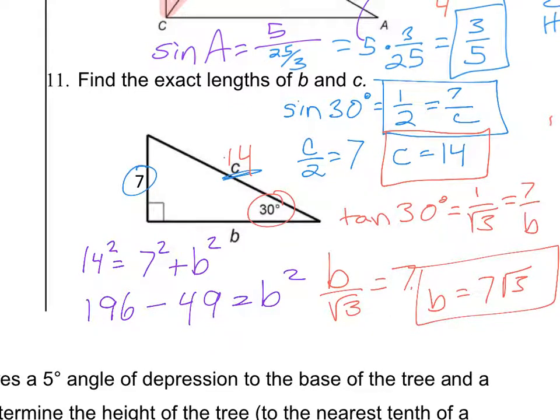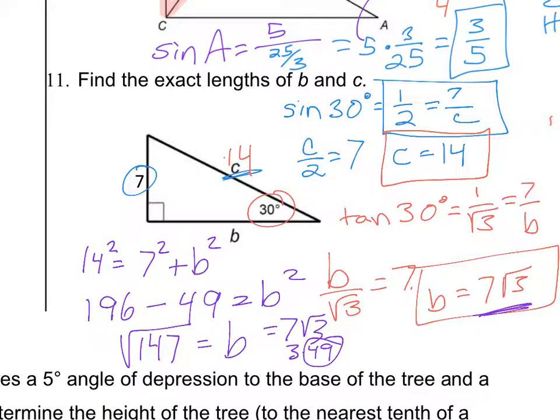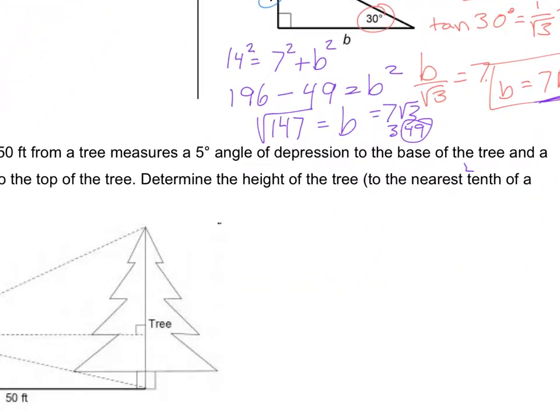So 196 minus 49 is 147. So if I square root that, I'm going to get B. Well, obviously, that's root 147. I know that because I know what it is simplified. You'd have to simplify this. So this is 3 times 49, which means this comes out as a 7. So I'm going to have 7 root 3. You can choose to find it either way.